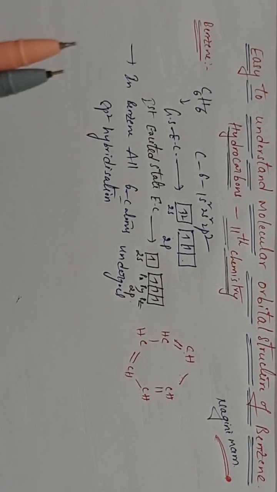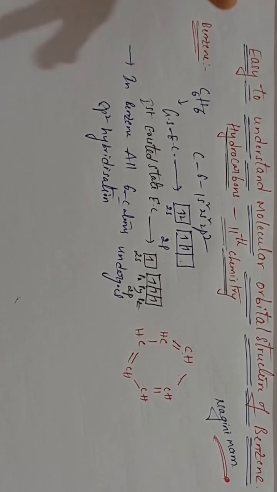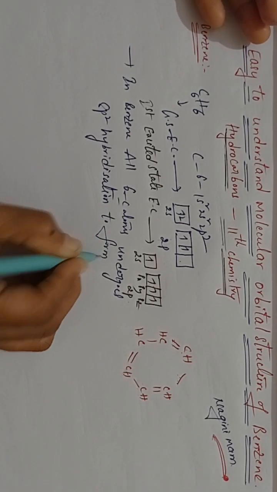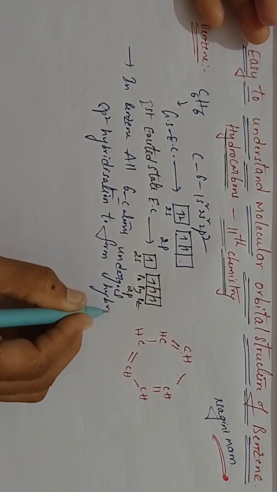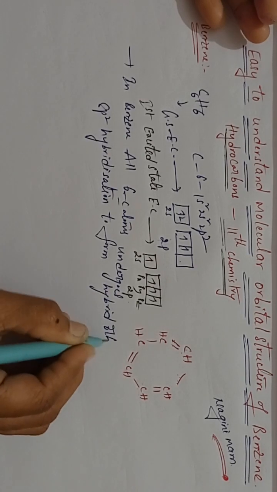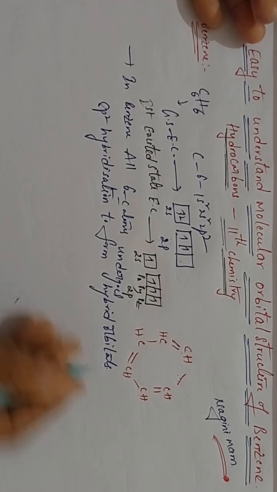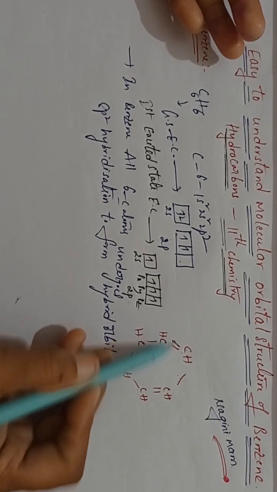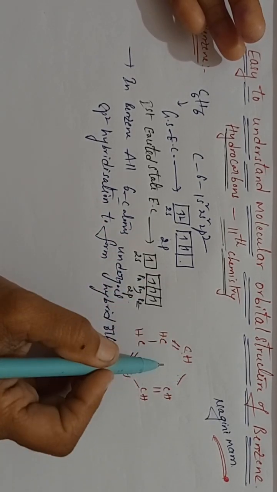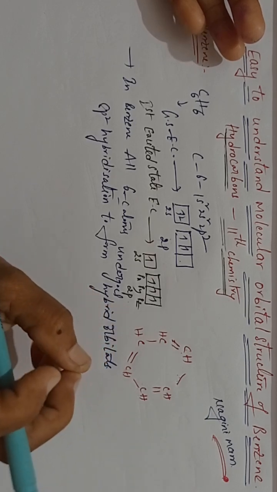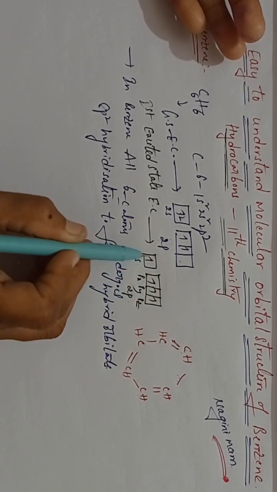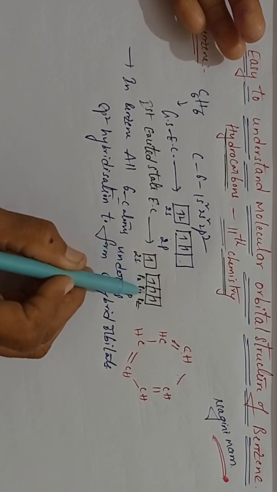To form hybrid orbitals, around each carbon 3 sigma bonds are there, so 3 hybrid orbitals should form. That's why I'm taking 3 pure atomic orbitals: 1 s orbital and 2 p orbitals.